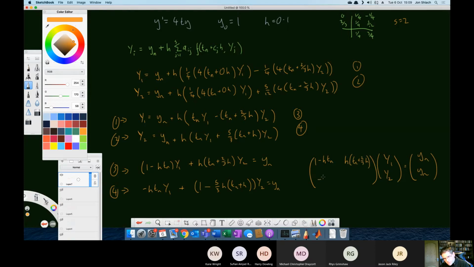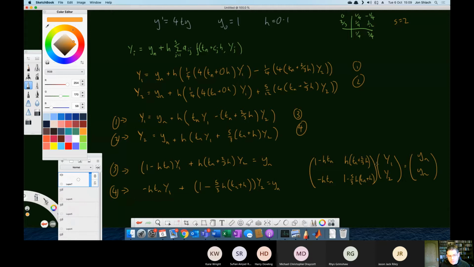Lower left I've got H Tn, and lower right I've got 1 minus 5/3 H Tn plus H. So we have a linear system, and solving it will give us our values for Y1 and Y2.